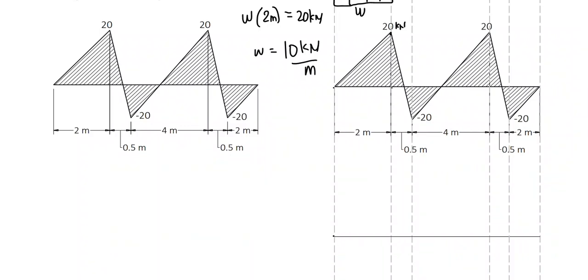So that it would increase in such a way like this. Because the shear is 0 at this point, the slope in this moment diagram must be a horizontal line, and it would increase up to this point that has a value of 20 kilonewton meters.